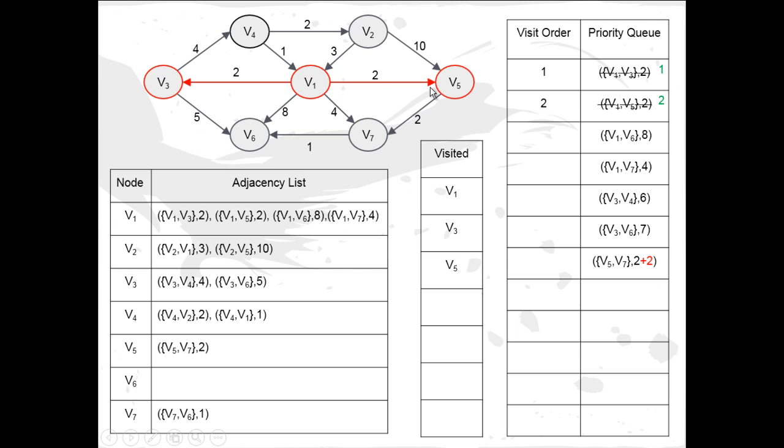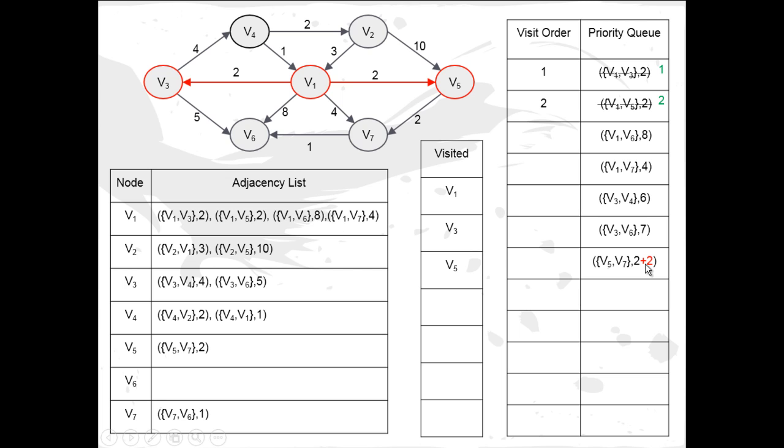And again, remember that here we're saying that we're going from V5 to V7, but the cost of going to V5 itself is 2. So it's going to be a cost of 2 plus 2.